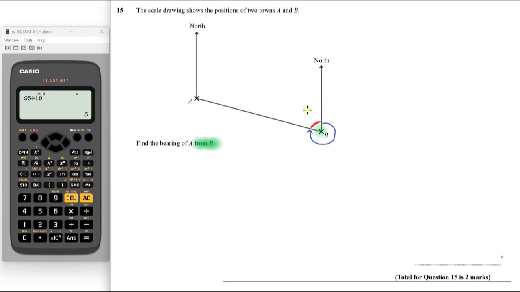Oops, I just dropped it, but let's carry on. So that is 75 degrees. So what I need to do now is 360 minus 75, and we get 285 degrees. So that is my bearing, 285 degrees.